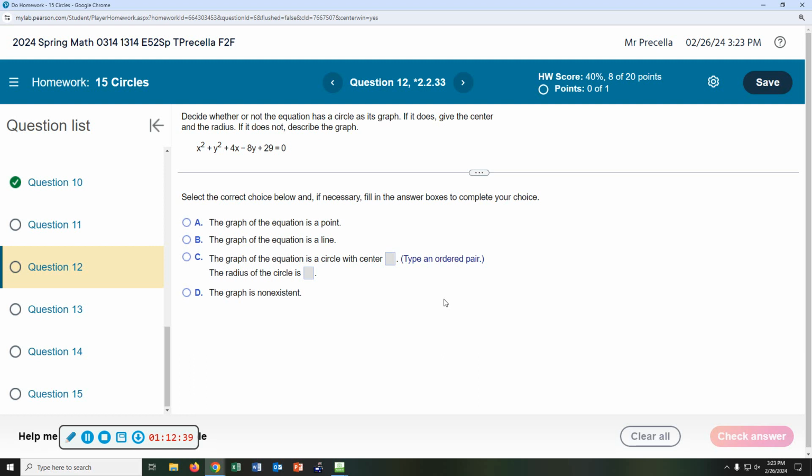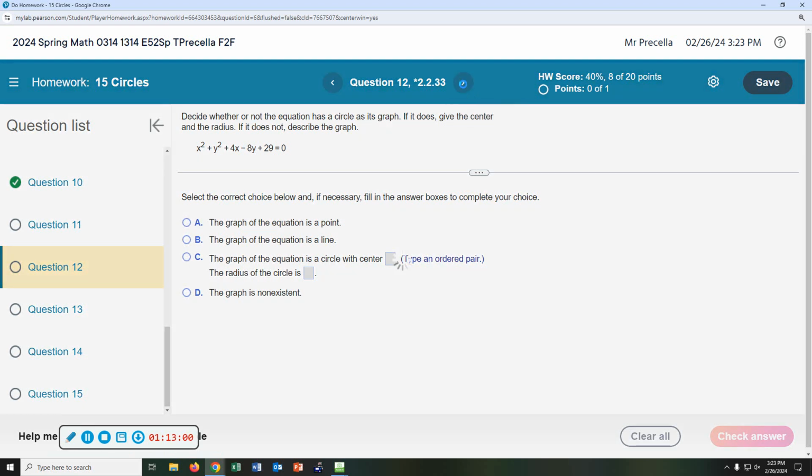Well, look at the four options here. The graph of the equation is a point. Well, if it turns out r is equal to 0 at the end, that's the thing we would choose. The graph of the equation is a line. That's the one I want to mention. That option B. Look at number 13.